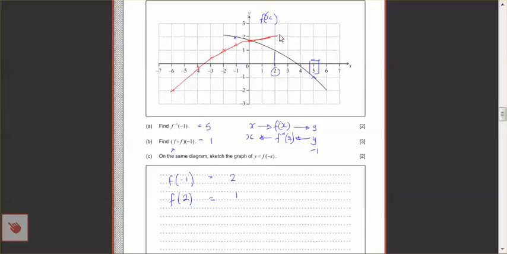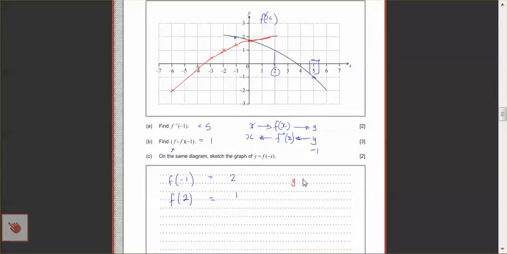So if you were asked to sketch the graph of the inverse, you'd have to reflect it in y equals x. Right? What would yours be, Noah? You've reflected in the x-axis. So that would not be f of minus x, it would be what? That's just the same thing.